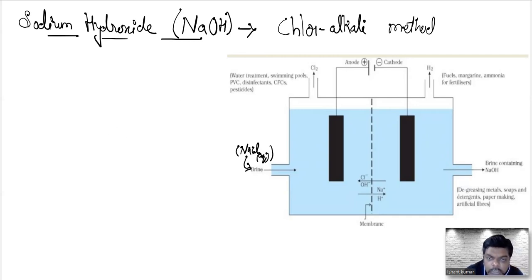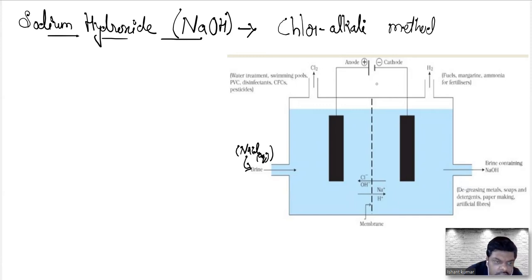Here we are introducing brine in this chamber where there are two rods: one rod connected to the positive end of the battery and one metal rod connected to the negative end. The positive end is known as anode and the negative end is known as cathode.